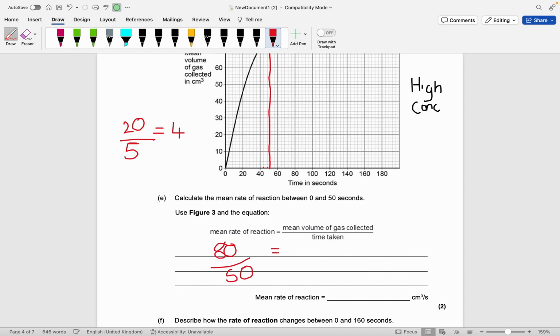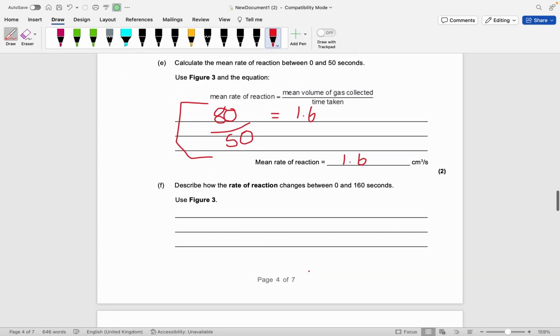So if I put that in my calculator, because I don't know what that is off the top of my head, again, not very good at fast maths, 80 divided by 50 gives us 1.6 centimetres cubed per second. So I'm going to put 1.6 down there. For those 2 marks, one is for writing this part out and getting the information on the graph, and the second mark is for getting the correct answer.